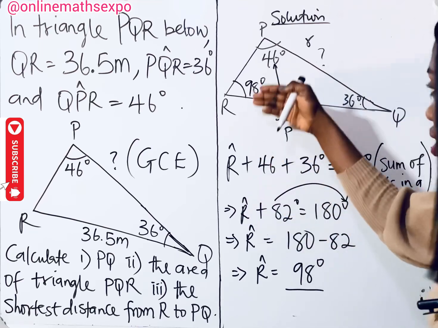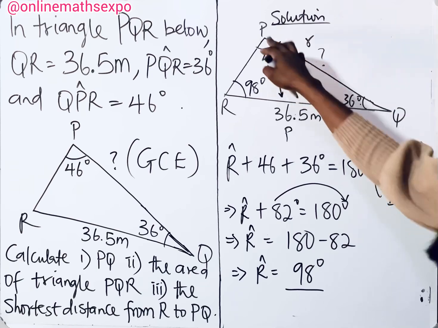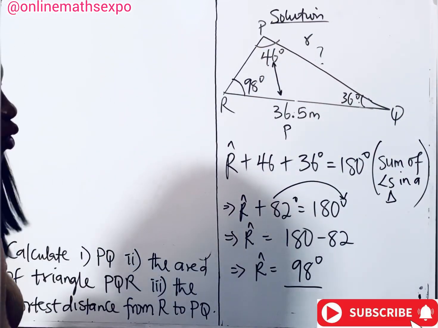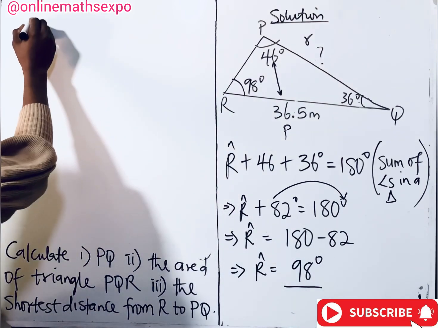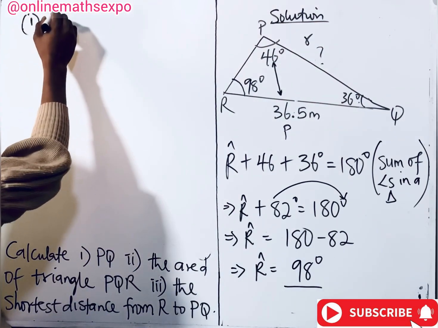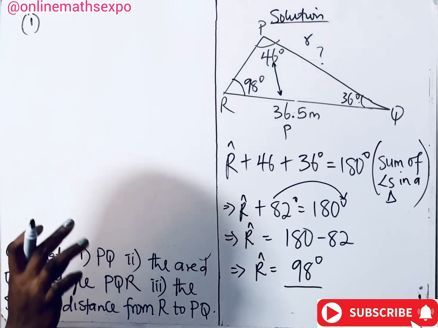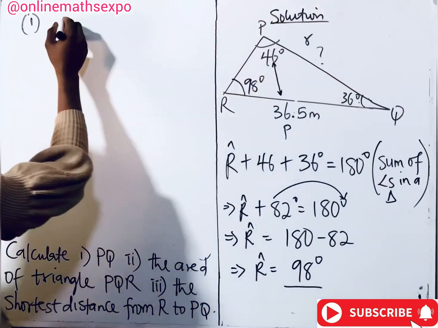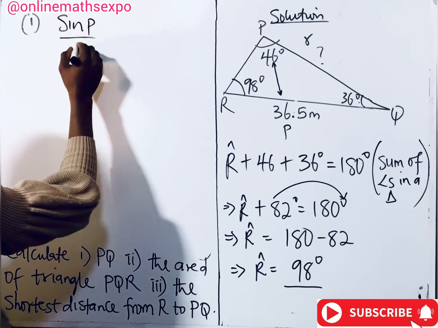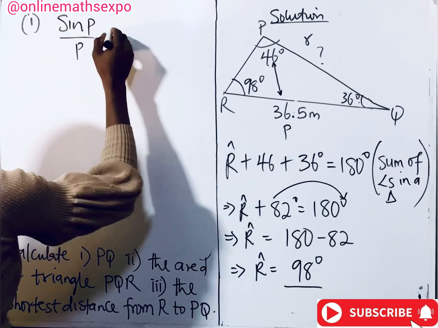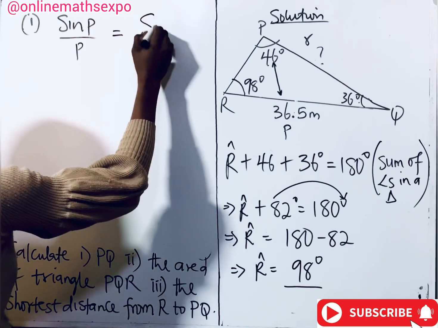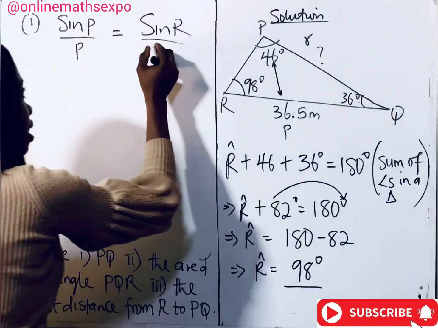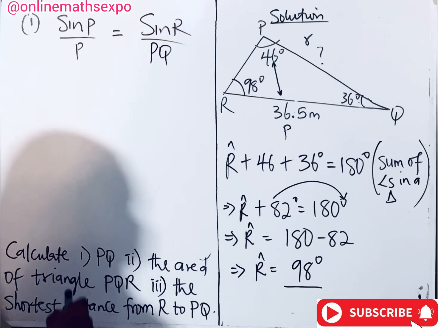Now we've gotten this. Now let's get the remaining side, which is side PQ. So to answer the first question, PQ, we are going to have it as the first one. Remember we said we are using our sine rule. So we have sine P over the small letter P is equal to sine of this angle over the small letter, which is this side, and that is line PQ, which is what we're looking for.